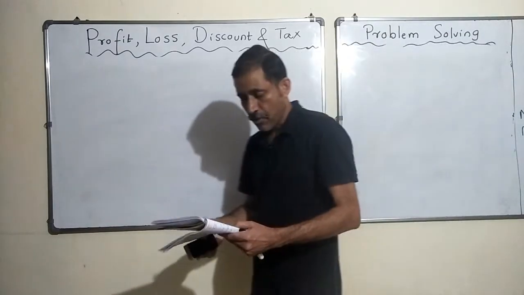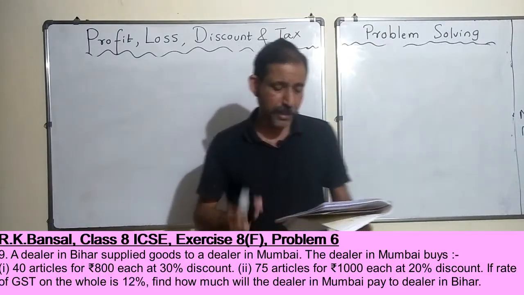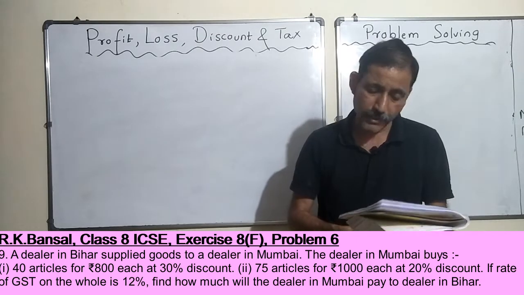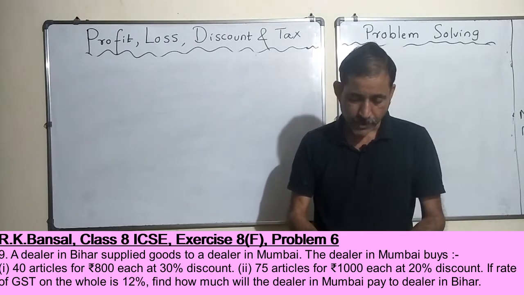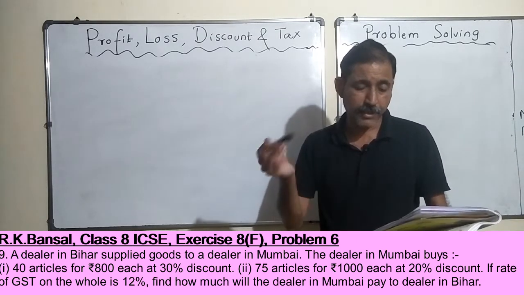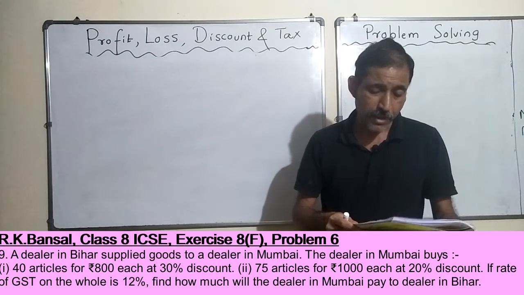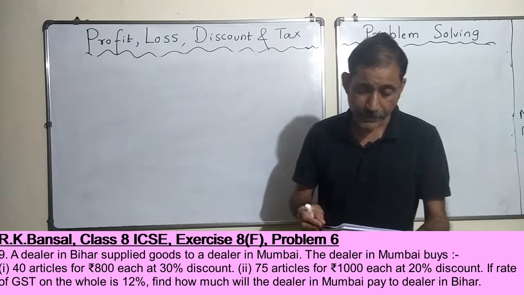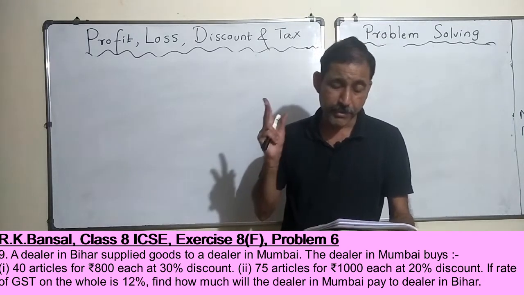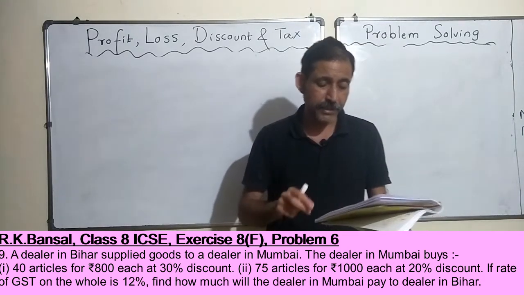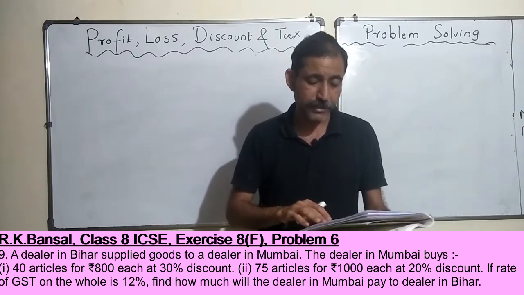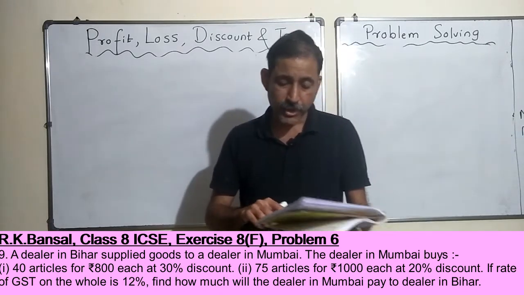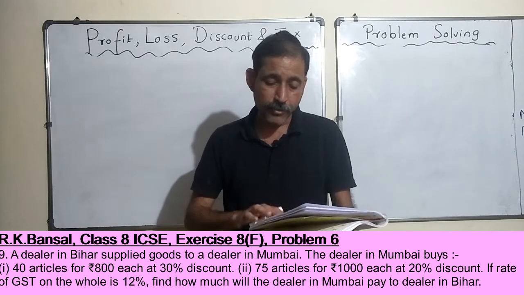A dealer in Bihar supplied goods to a dealer in Mumbai. So there is one dealer in Bihar who is sending goods to a dealer in Mumbai. The dealer in Mumbai buys 40 articles for 800 rupees each at 30% discount. So he gets 30% discount on 40 articles, which is being sold at rupees 800.